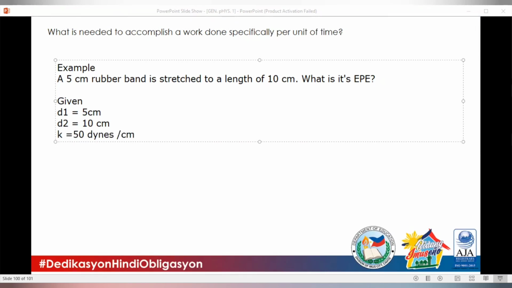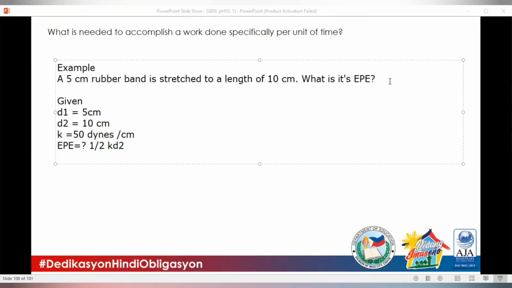Okay, elastic constant. So you're asked with your elastic potential energy. So what is your elastic potential energy? You have a formula of 1/2 times K D squared. KD squared. That's your formula.